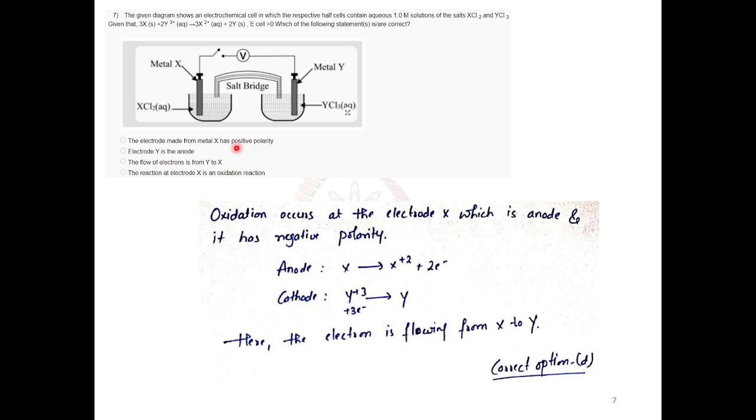So what is oxidation, what is reduction? E0 cell is greater than zero, so this is a very spontaneous process, and this is going to be X2+ and Y3+, that is the trivalent cation is going to be neutral.